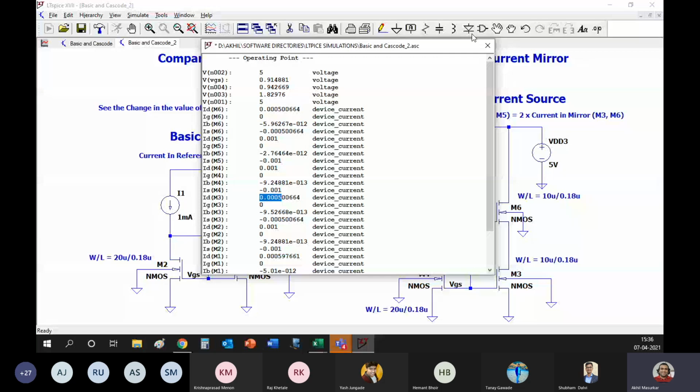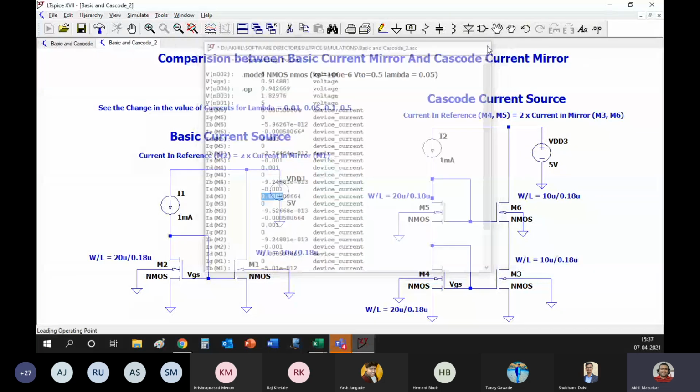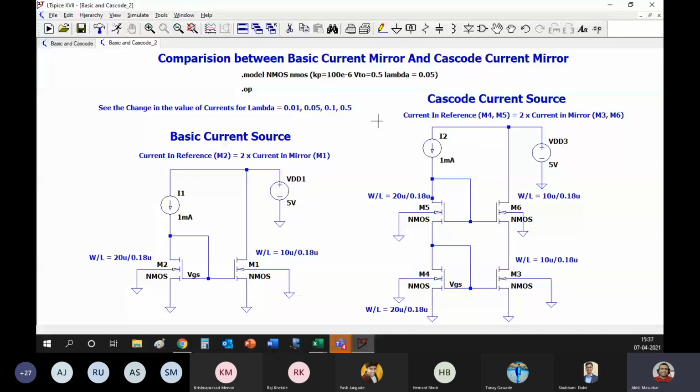Yes, Yash, correct. Yash, show me the circuit also, because from these values I am not able to find out actually. Everybody should draw the circuit systematically. In the exam also there are marks for being systematic.